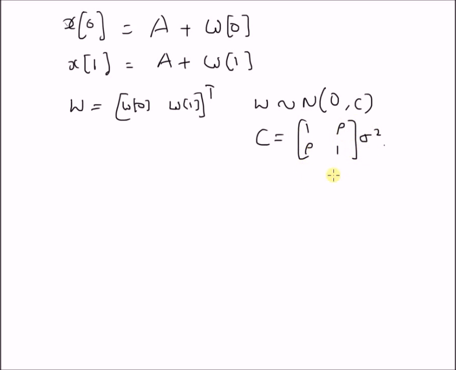So this is the given covariance matrix of the noise vector, and obviously rho is the correlation coefficient.